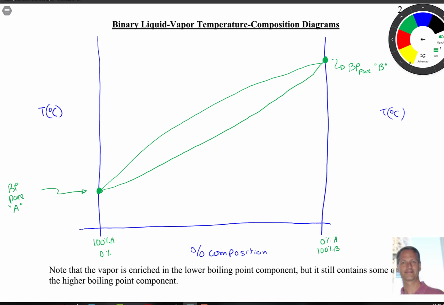Now here's how we use these diagrams. These can be constructed through experiment. You don't normally find data like this in tables because there are too many liquid combinations that you might add.